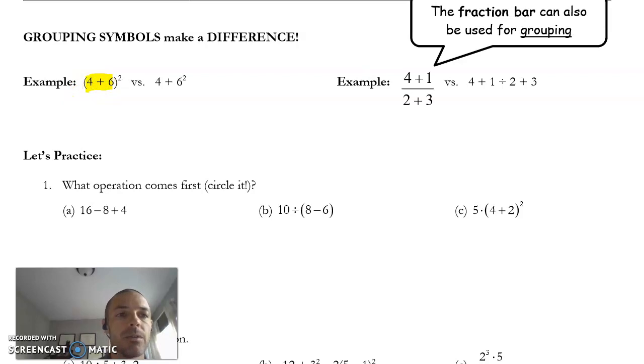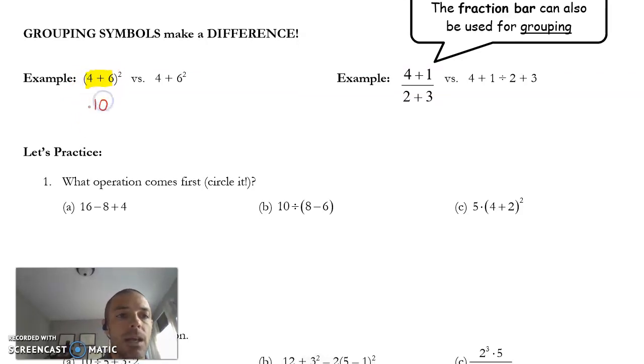I have to simplify whatever expression is in there first. 4 plus 6 gets me 10. Now that I've gotten just one numeric expression, or one number, inside, I can get rid of my grouping symbol. There's nothing to group anymore, but I can't get rid of that exponent of 2. I'm going to be working straight down as I simplify here, and now I get 10 to the second power. Remember, to the second power is a multiplication. You're multiplying the base by itself. 10 times 10 gets me 100.